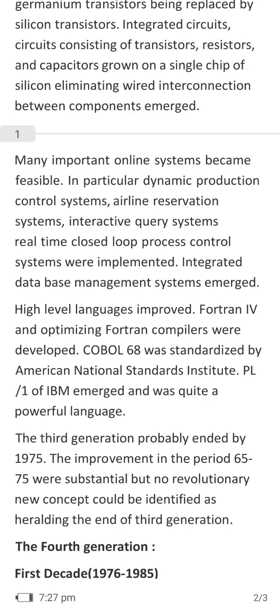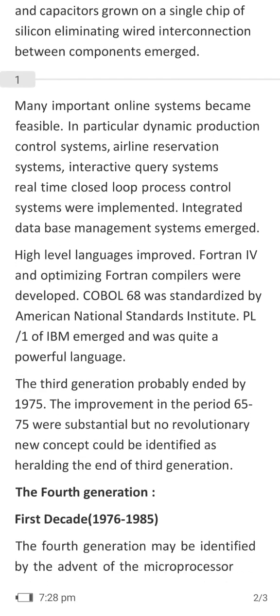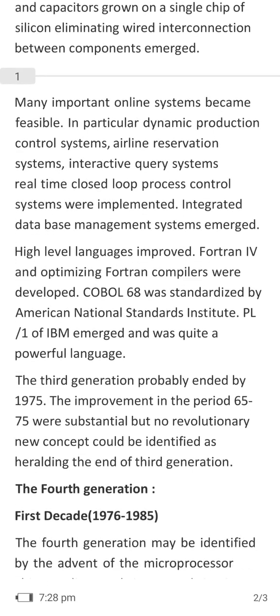PL/1 of IBM emerged and was quite a powerful language. The third generation probably ended by 1975, and the improvements in the period 65 to 70 were substantial, but no revolutionary new concept could be identified as heralding the end of the third generation.